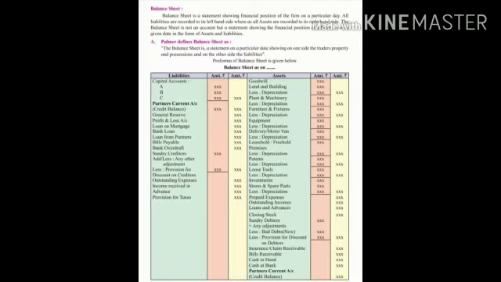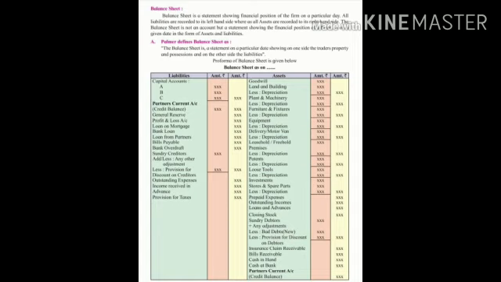Now after finding the net profit or net loss from the profit and loss account, we have to distribute that net profit or net loss among the partners in their profit sharing ratio. We distribute the profit amount among the partners with the ratio which is given in the question.